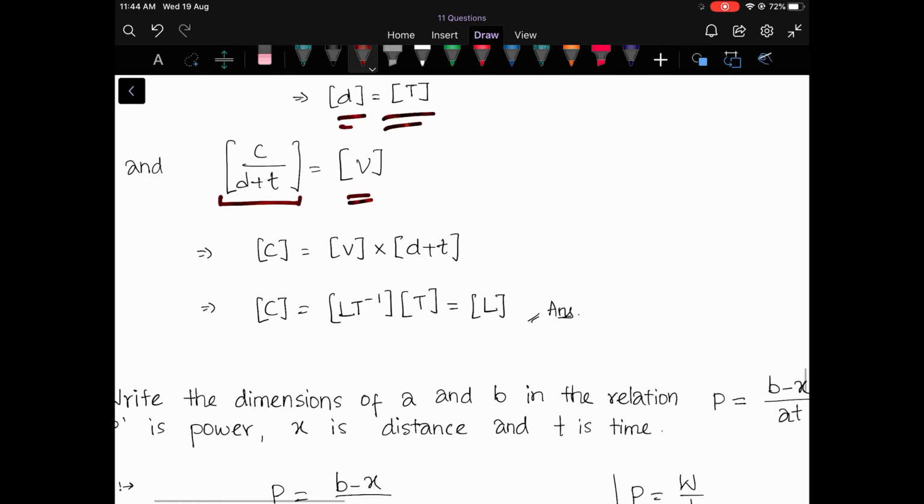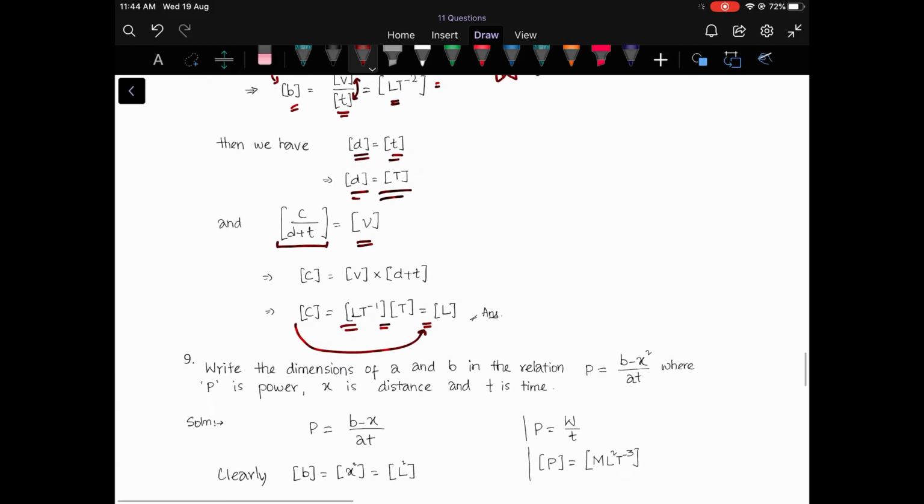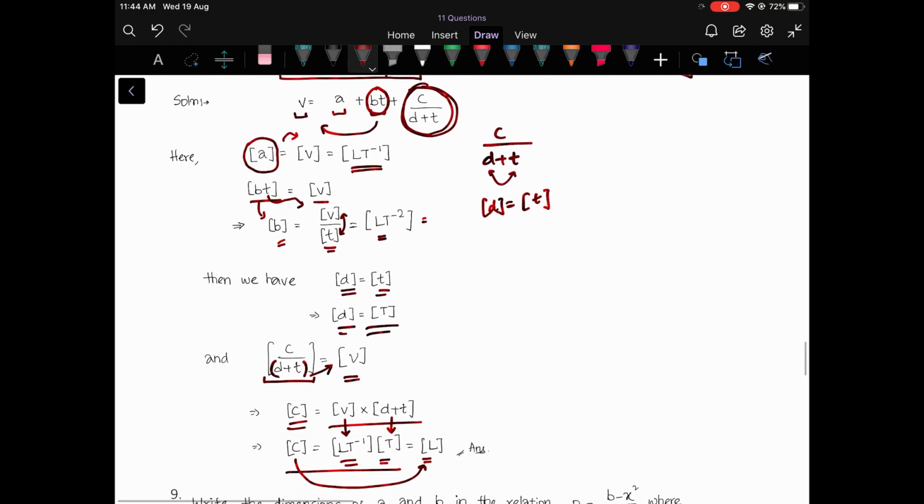From here I can write, take this (D plus T) on the other side, so it gets multiplied with the V. And then we have found the dimension of C. So we have written dimension of velocity here, and dimension of (D plus T) means simply time. So we got L here as the dimension of C. So we have got the dimension of A, B, C and D.